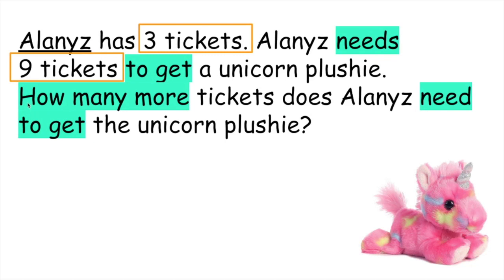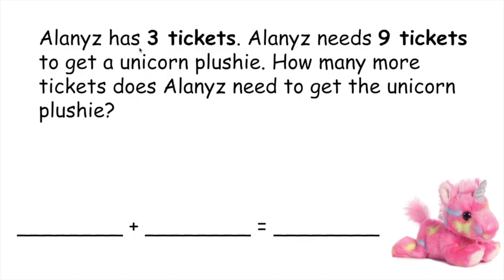And I underlined the words how many more because this tells me what we are figuring out with our problem as we solve it. So again, here is our problem. Alanis has 3 tickets. Alanis needs 9 tickets to get a unicorn plushie. How many more tickets does Alanis need to get the unicorn plushie?